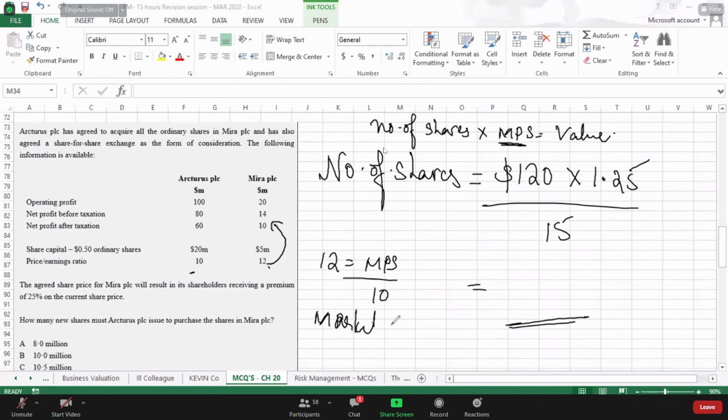So the market value will be $120 million. But if Arcturus takes over Mira, then it increases by 25%. So that's why I did 1.25. And I wanted to know the number of shares, which is value divided by the market share price. This we know how we calculate. Is this clear, everyone?